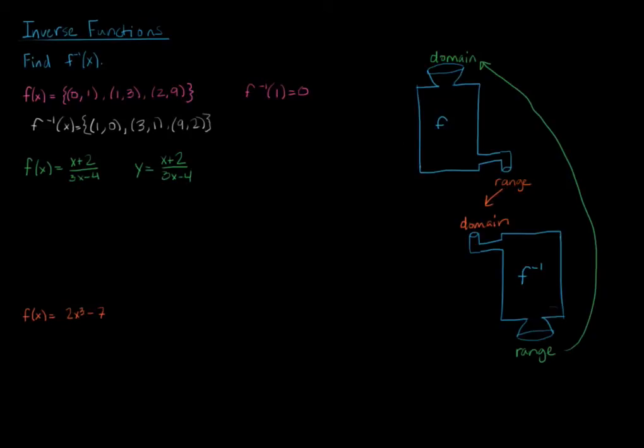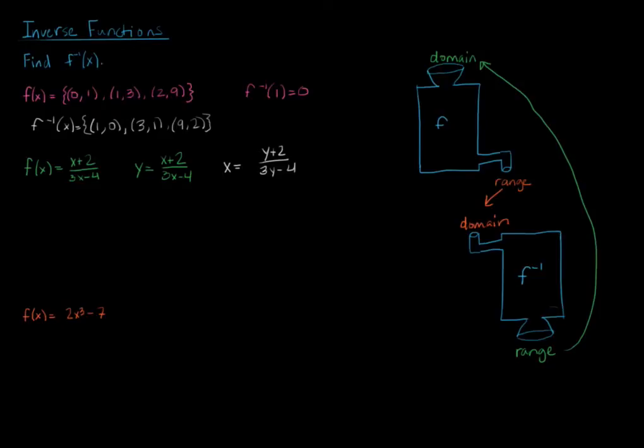And then we want to switch the x and the y, because that's basically what we're doing. Again, we're changing the domain and the range, switching places. So we're going to write x equals (y plus 2) over (3y minus 4).